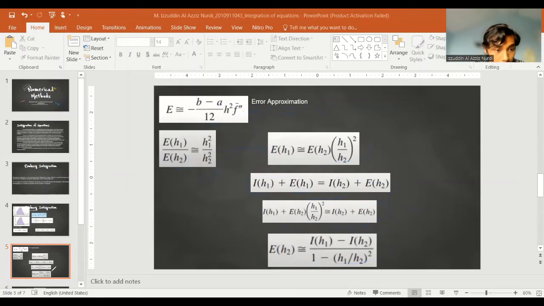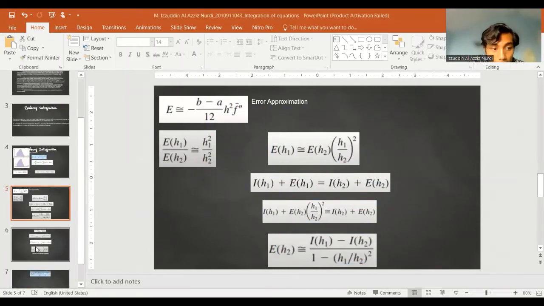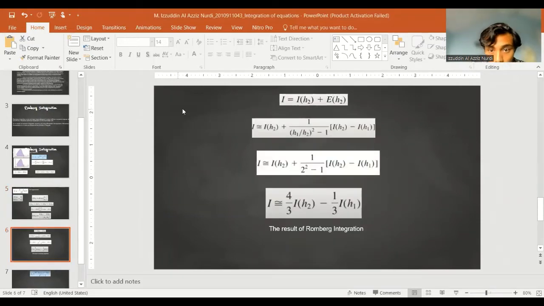Then we go to the next slide. So we have this formula, and before that we have E_H1.